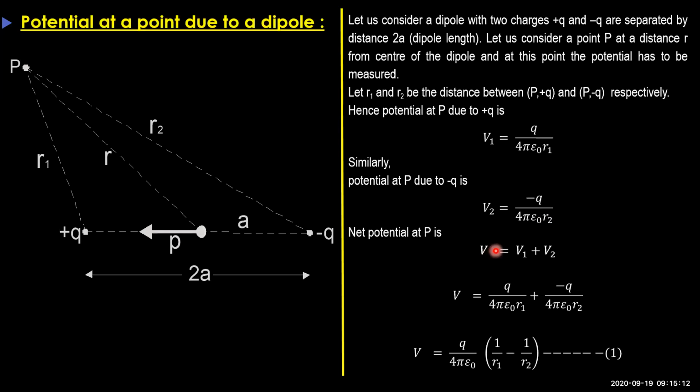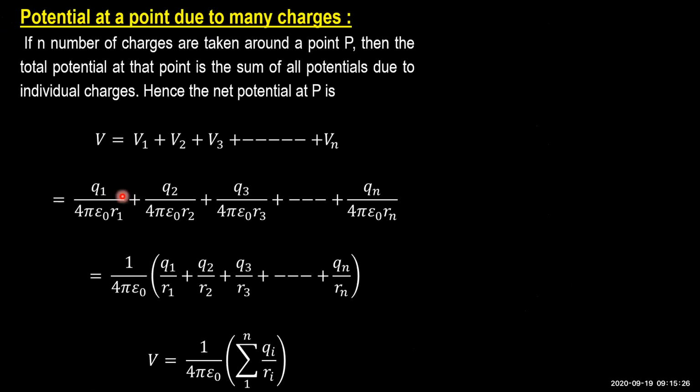Now, what is the net potential at point P? The net potential at point P is the sum of the individual potentials, because in the previous discussion we came to know that the net potential due to many charges is the sum of individual potentials at that point.